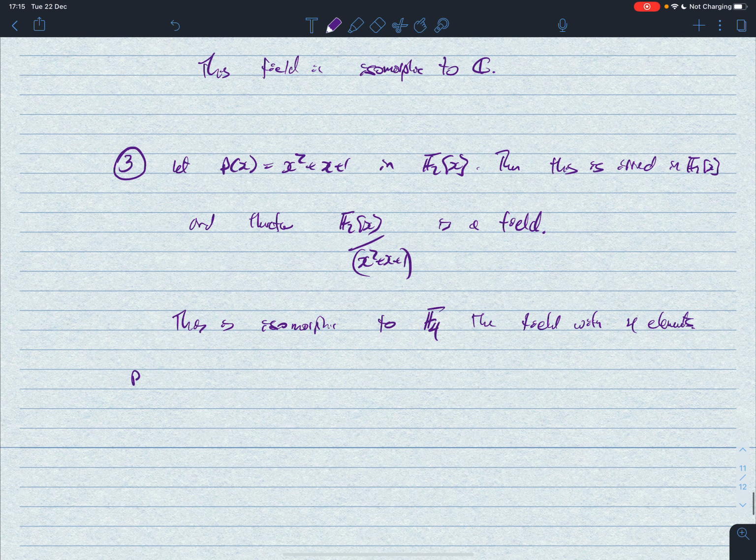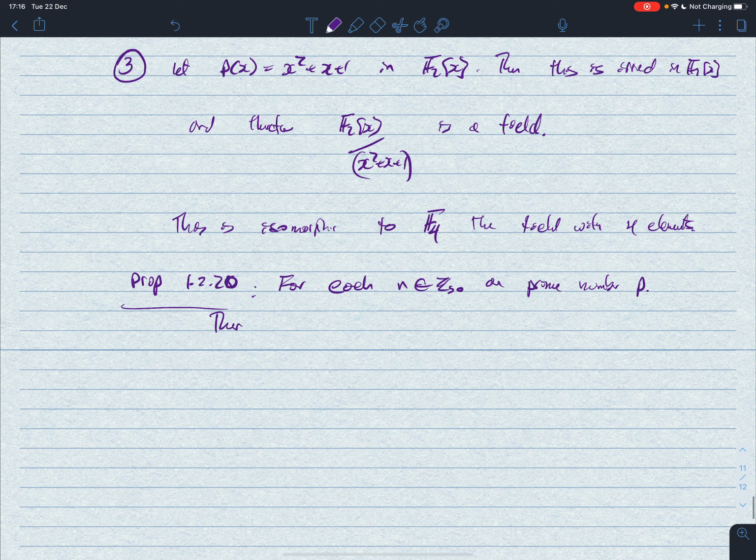And here's a proposition that we'll use as a black box now that we're talking about these fields. Proposition 1.2.20: for each integer n greater than 0 and prime number p, there is a unique field of size p to the n.